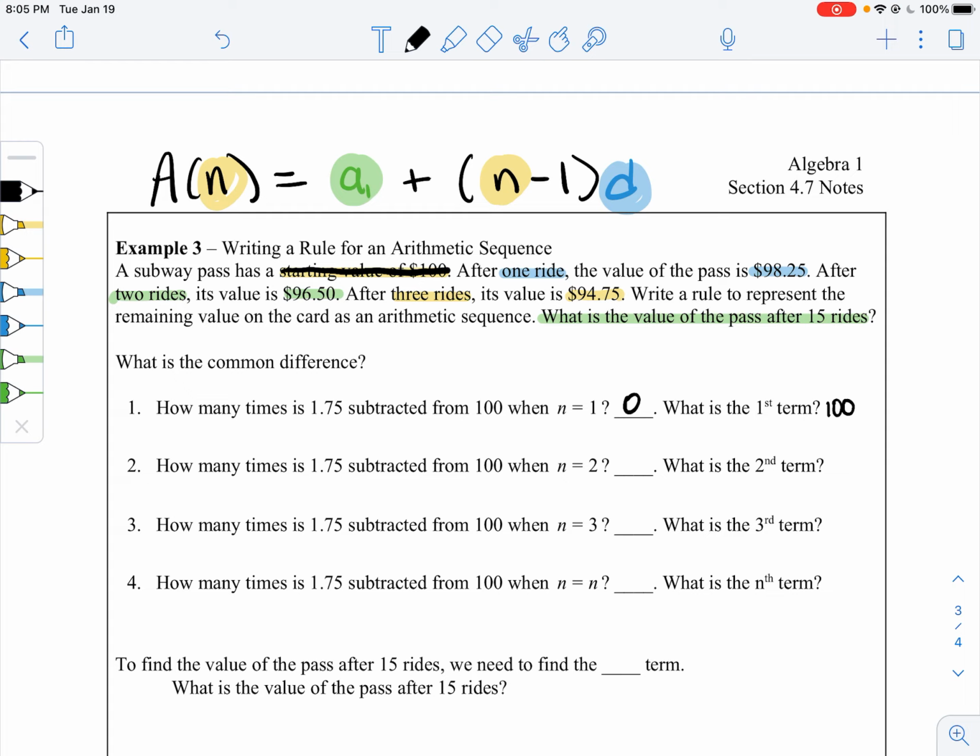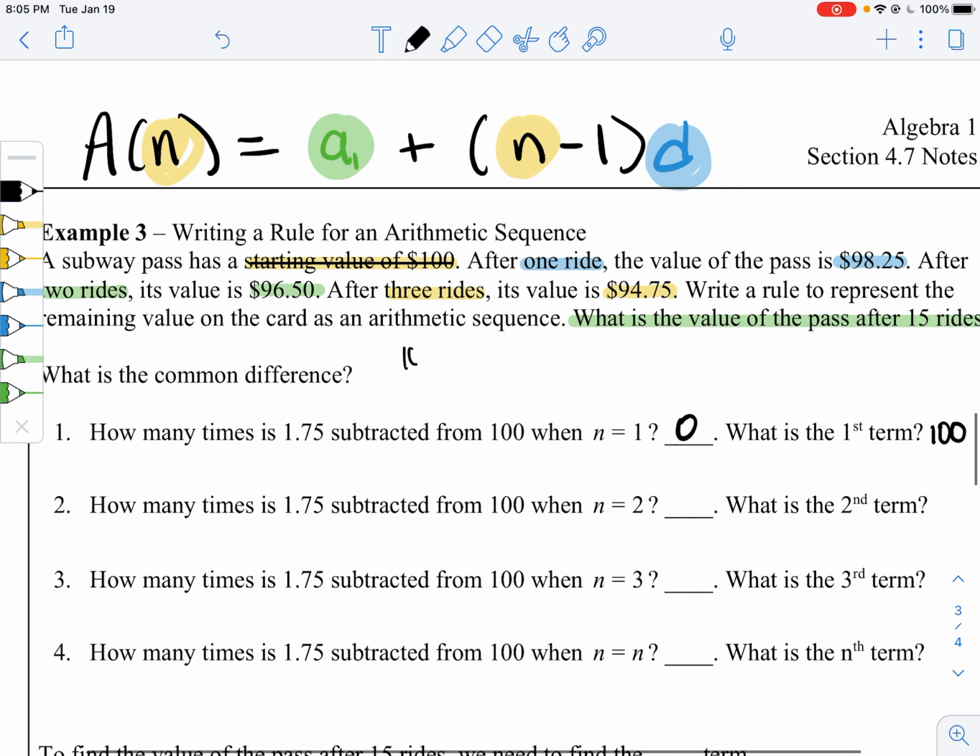Starting value is $100. Okay? And then we do 1 ride. So our second term, well, here, let's write it right here. So we have 100 and then 98.25 and then 96.50 and then 94.75, etc. There, that's going to help.